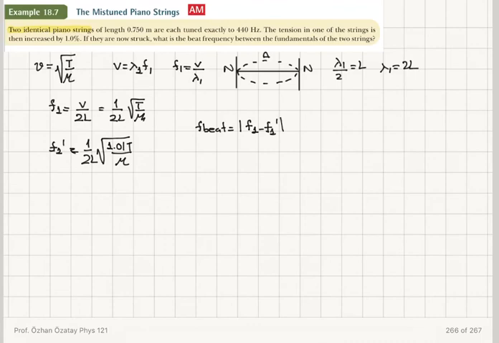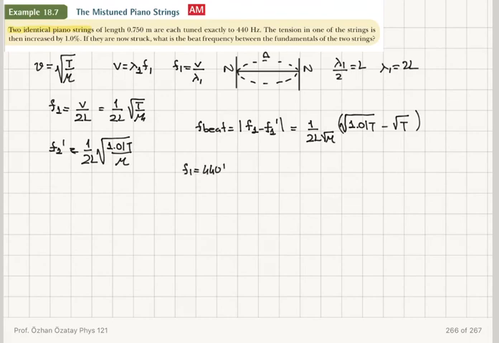Beat frequency is the absolute value of f1 minus f1 prime. So this will be 1 over 2L square root of mu times (square root of 1.01 T minus square root of T). So this will be the beat frequency.